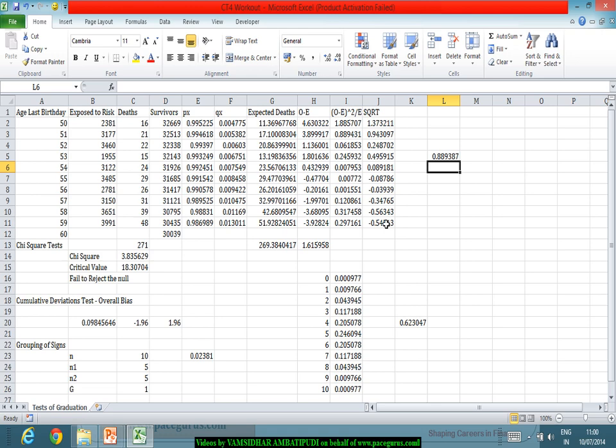So I'm talking about the correlation that is coming out between these two sets of numbers as 0.88, and based on that I can even test this particular correlation with a t-test, right?